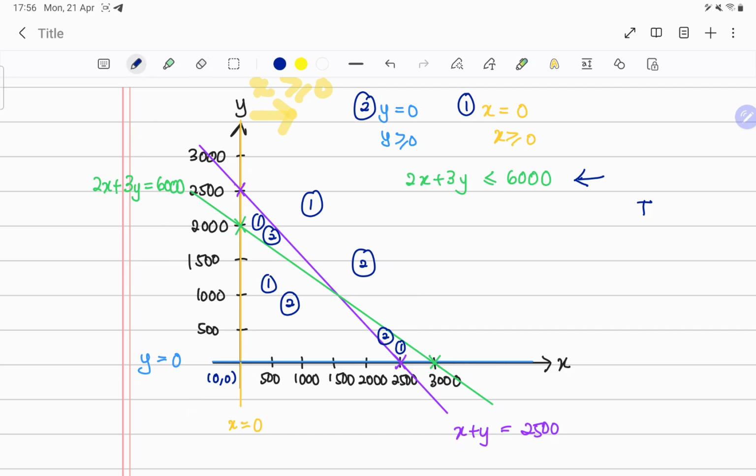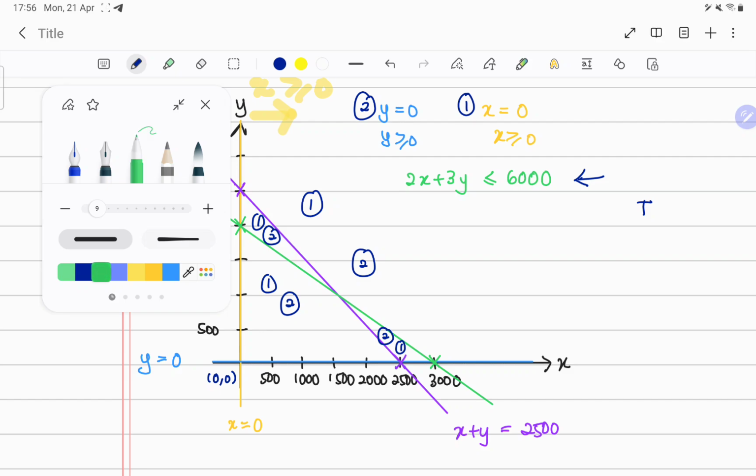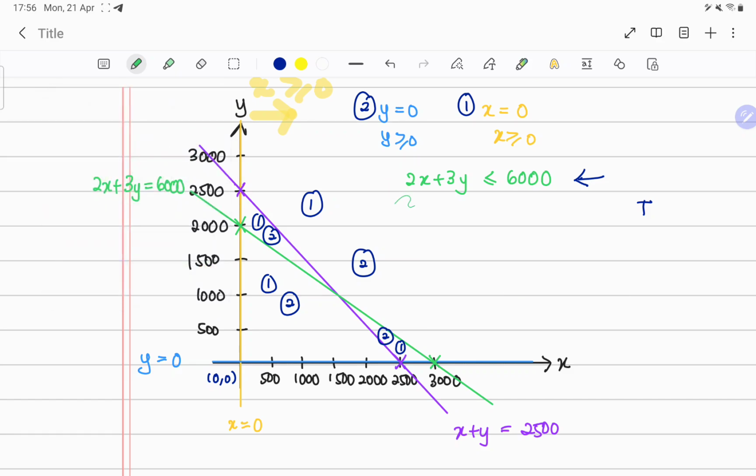First, you need to substitute using the coordinate 0, 0. So 2 multiplied by 0 plus 3 multiplied by 0, you're going to get 0 less than or equal to 600, right? So it is true. When this is true, you can shade this area.